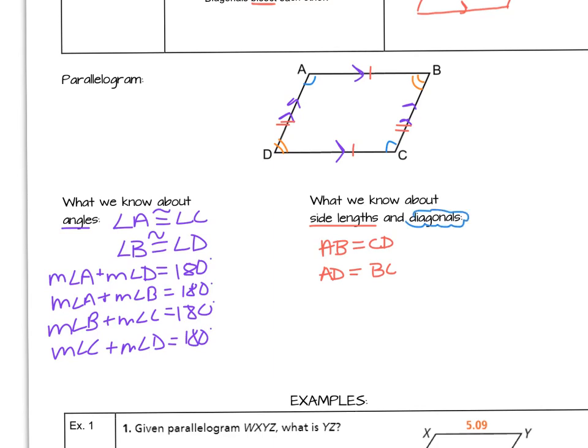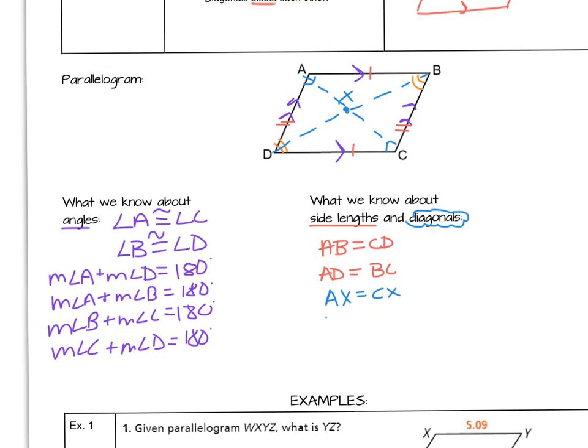Let's use a dashed edge to connect A to C and to connect B to D. Now they intersect at a point in the middle, and I'm going to call that point X. Diagonals bisect each other. So that means AX is equal to CX.